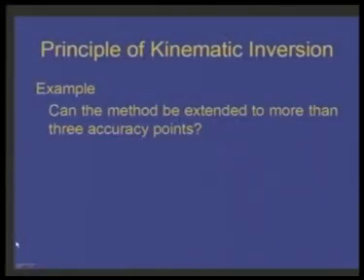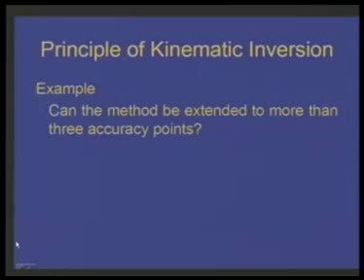Then the question is, can we extend this method to more than 3 accuracy points? Because then A1, A2, A3, A4, which are all 4 arbitrary positions, there is no guarantee that they will lie on a circle. So there is no way we can determine the center. However, there is a method which is beyond the scope of this course, so we will not discuss the detail, but you can think of that there must be a solution if you keep the following fact in mind.